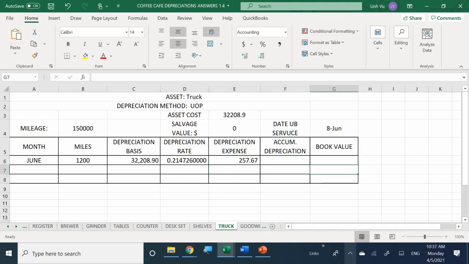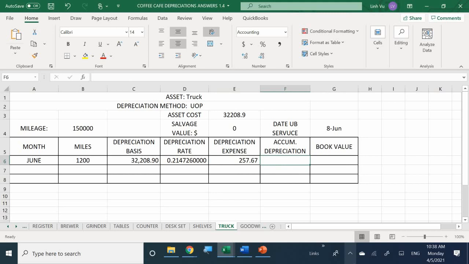257.67. All right. Now, let's take a look at this depreciation expense. We have 7 years to pay this off. And if I pay $257 for 7 years, whatever. But anyway, so 257, okay?